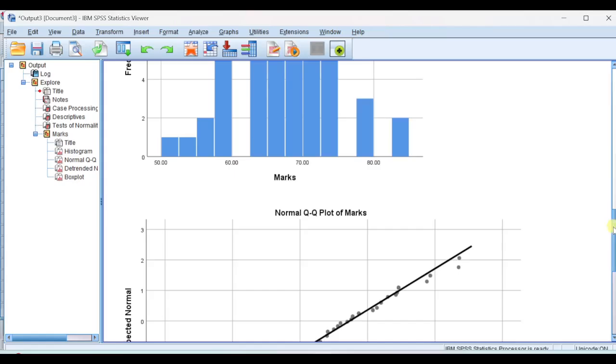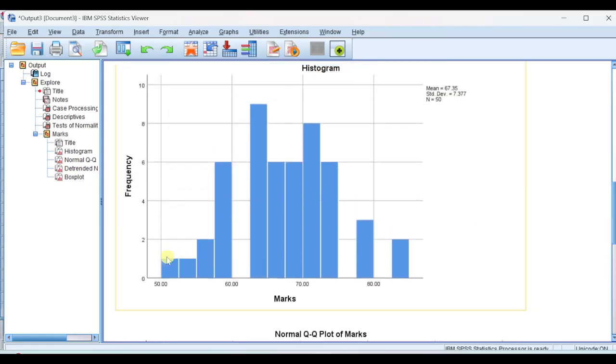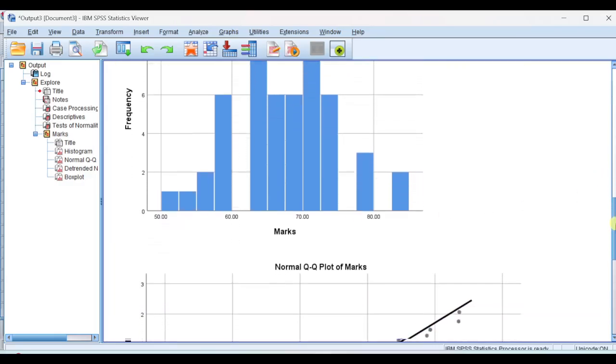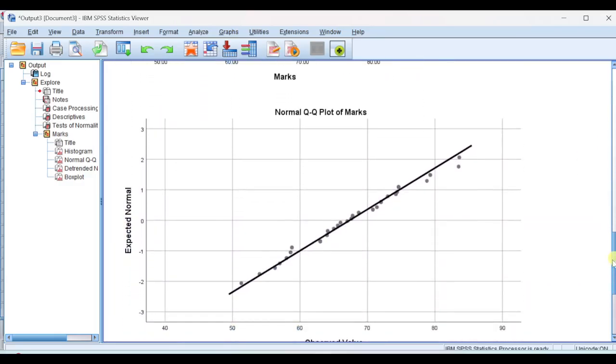We go to the histogram to visually assess the normality. Again, you see a bell-shaped curve over here, which signifies normal nature of my data. QQ plot, you see all the points lying on this diagonal. So that again signifies that my distribution is normal.